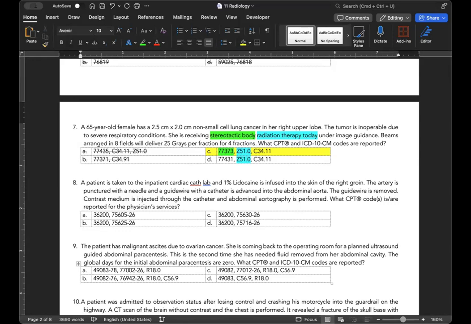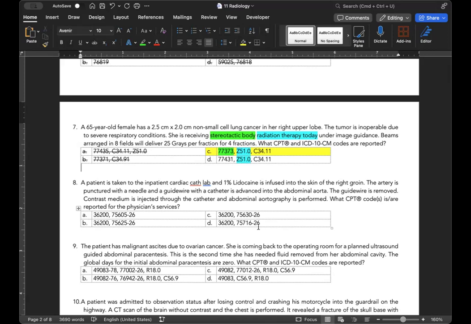So we see that the 36200 is the same in all 4. So now we just need to focus on our 7 code. So we have 75605, 75625, and 75630.